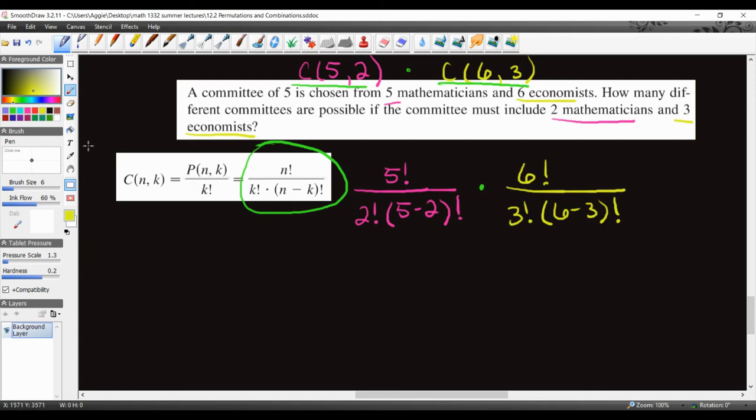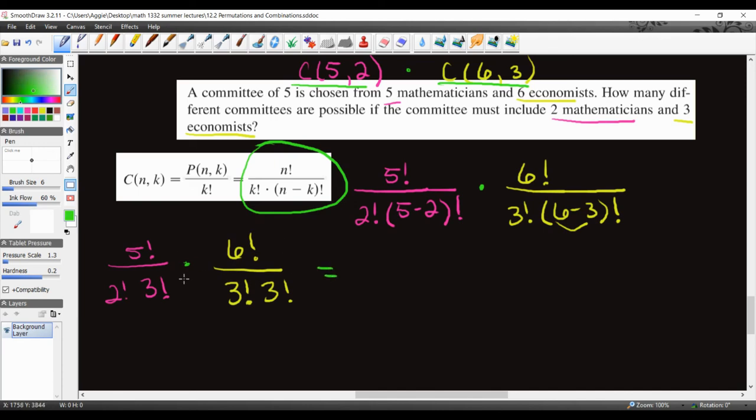Okay, and then we just work them out individually and then go from there. So for the first one, I know I'm going to have 5 factorial over 2 factorial times 3 factorial. Actually, I don't have to put parentheses there anymore. So times 3 factorial, because 5 minus 2 is 3, okay, times 6 factorial over 3 factorial, and then 6 minus 3 is also 3, so 3 factorial.